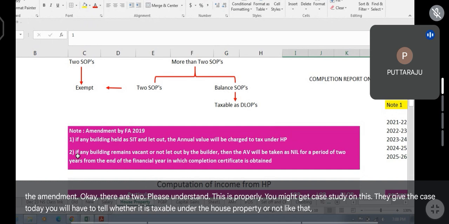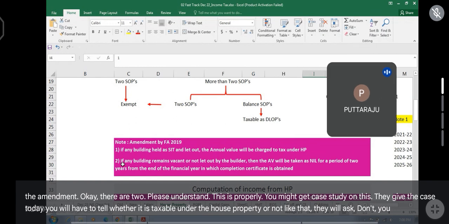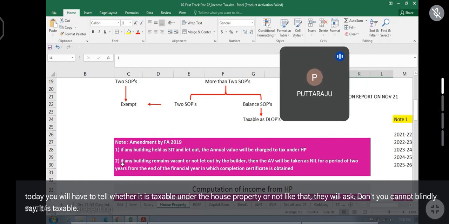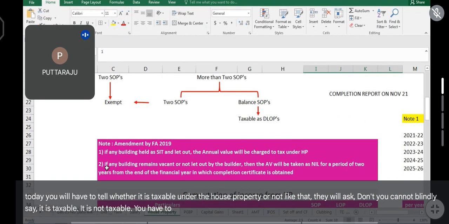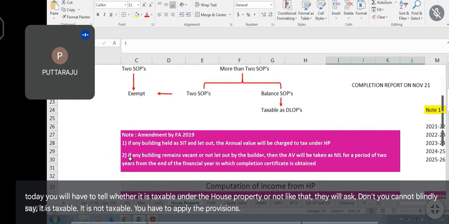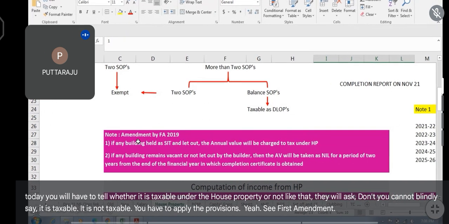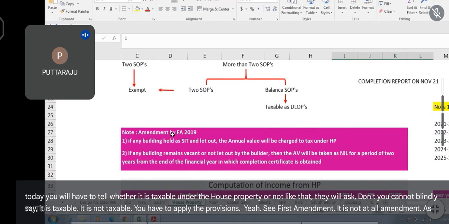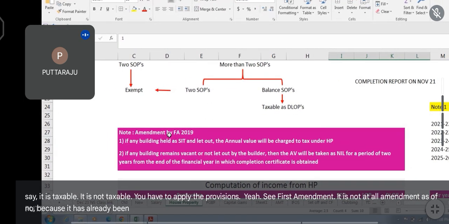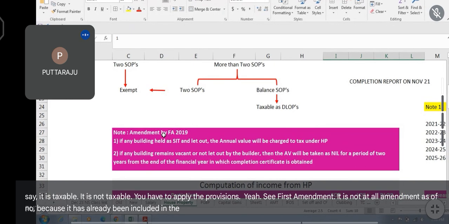You cannot blindly say it is taxable or not taxable. You have to apply the provisions. See, the first amendment. It is not at all an amendment as of now because it has already been included in the house property.